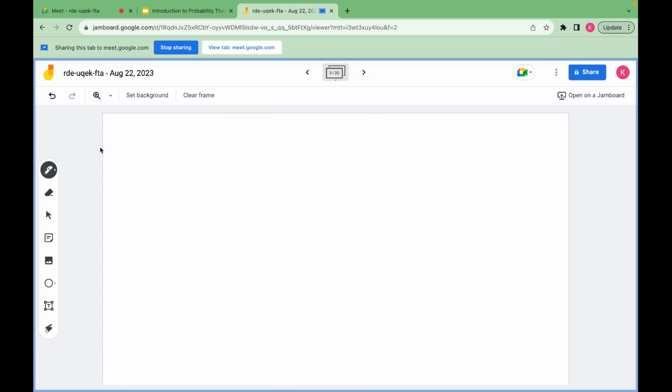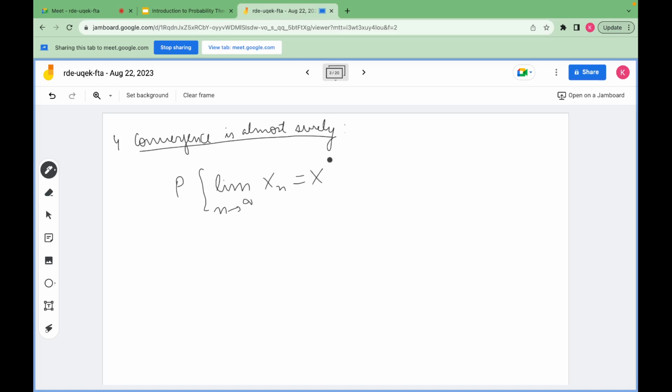So now moving to the last convergence, which is convergence almost surely. This is when the probability that the limit n tends to infinity of Xn is equal to X is 1, then we will say this Xn converges to X almost surely.